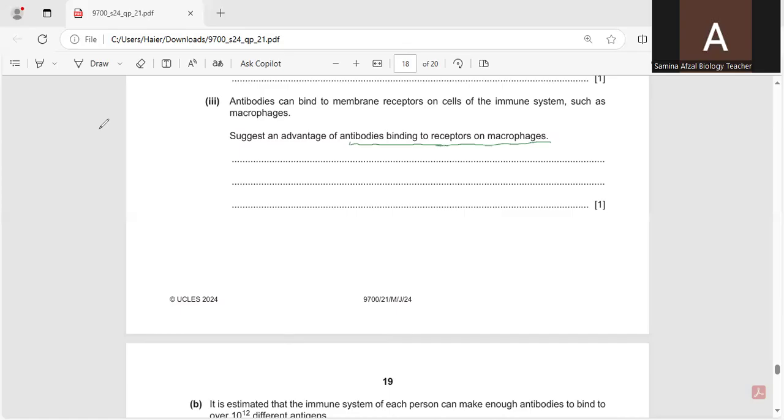It will be very easy for them to destroy, kill or neutralize the pathogens. Easier for macrophages to engulf pathogens.